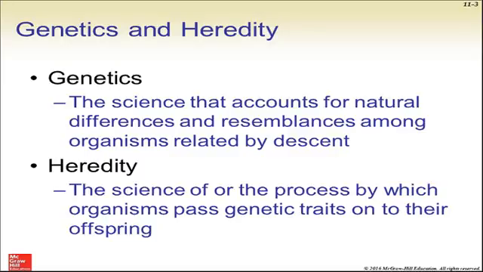The biological parents also have blue eyes. The science that explains these similarities is genetics. Heredity, this is the science of or the process by which organisms pass genetic traits on to their offspring. So you can see there's a little bit of difference. They are closely related in terms of definition, but there is a distinction between the two.